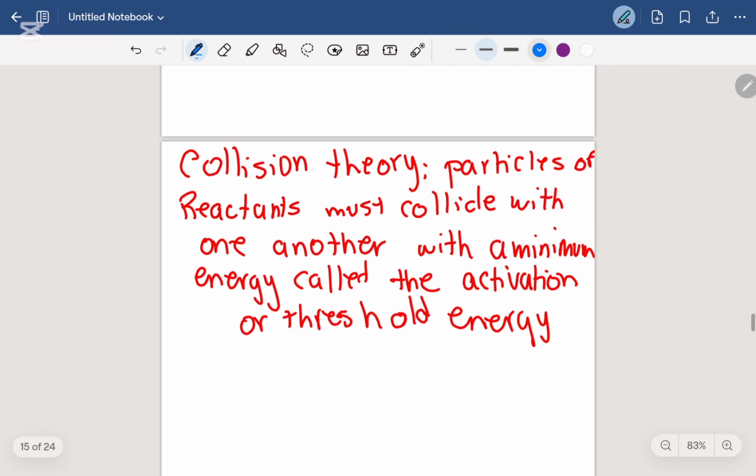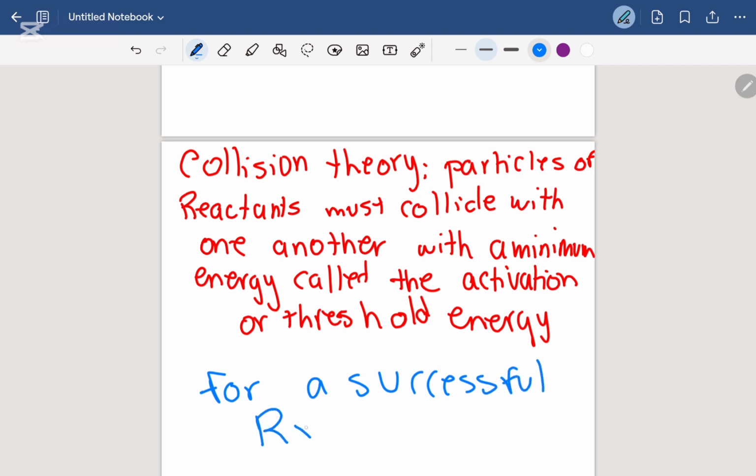Let us go into explanation. The collision theory, particles of reactants must collide with one another with a minimum energy called the activation or threshold energy. So, for a successful reaction, what does the collision theory state?